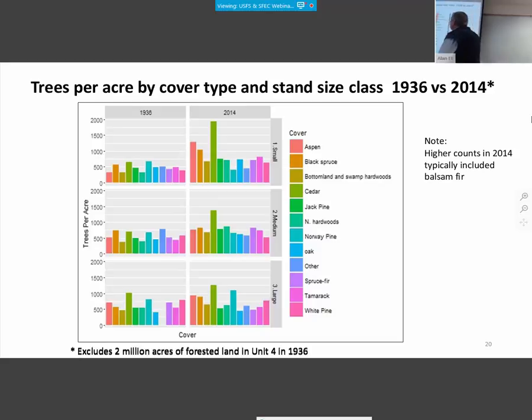A thing to note that the survey points out is that the fact that we have more trees in 2014 in the small size class and even almost in the larger size class, but certainly here, a lot of that was balsam fir. So if you think of really long-term species dynamics and species like balsam fir that can grow up under shade, grow up under quite a bit of competition, then you see why this has really happened.